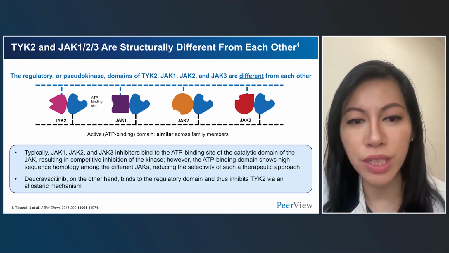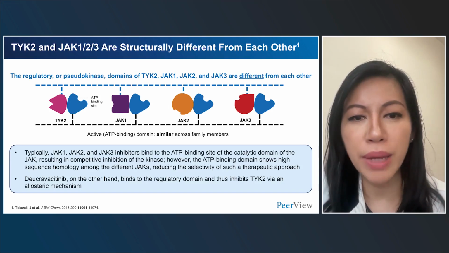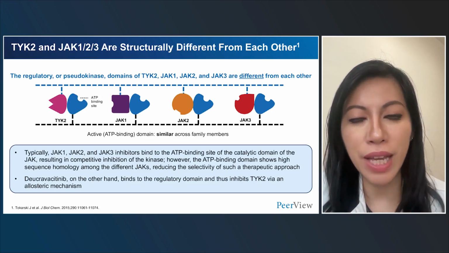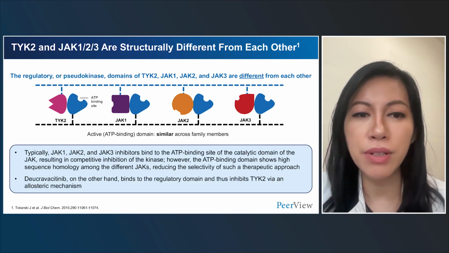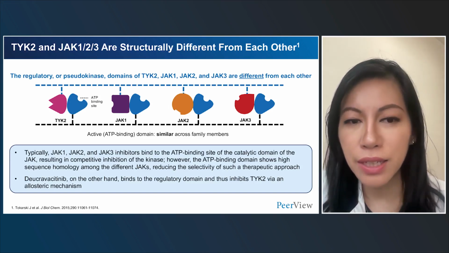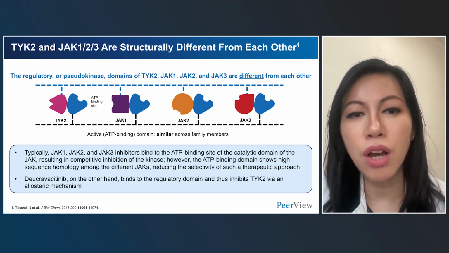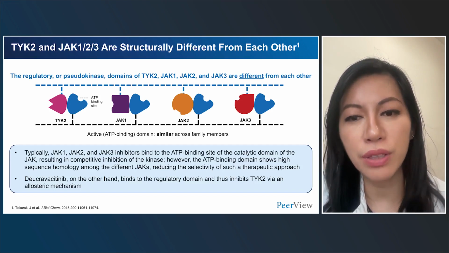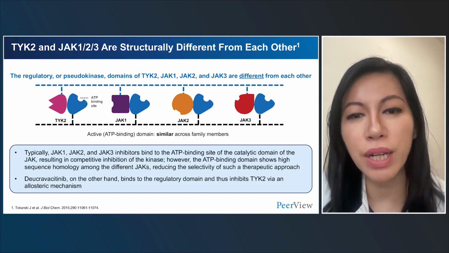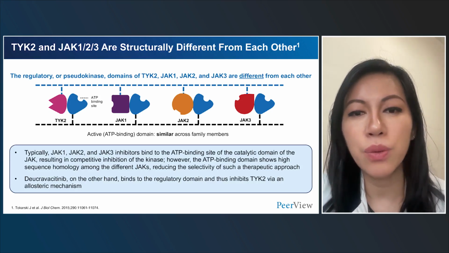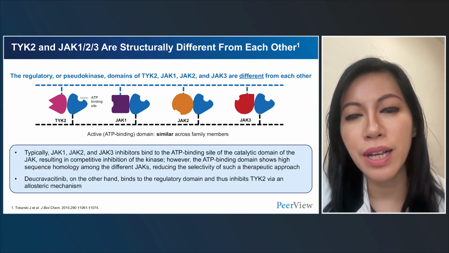That's a regulatory domain. The regulatory domain is very much more specific to the members of the family. So you can really think about the regulatory domain on the left side depicted here as a lot more specific to each molecule. And therefore, by binding to the regulatory domain, you get more specific inhibition of that particular molecule without touching the other members of the family.